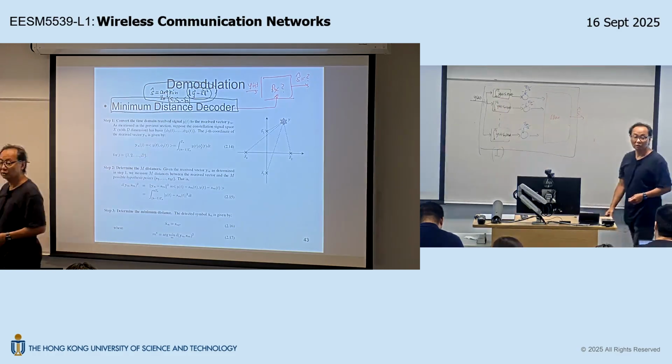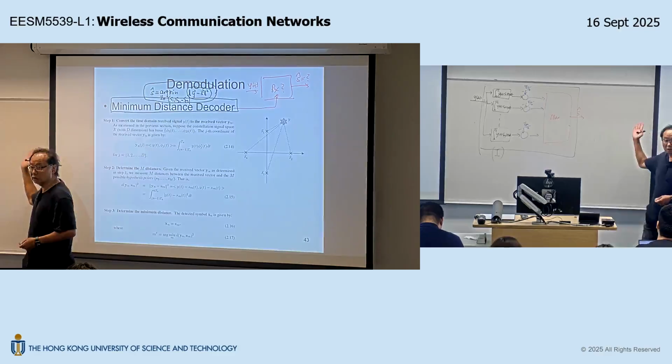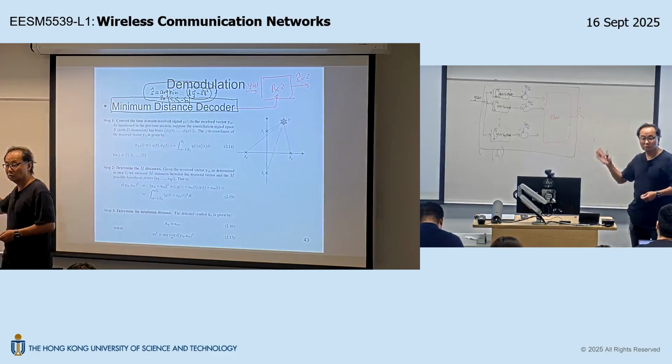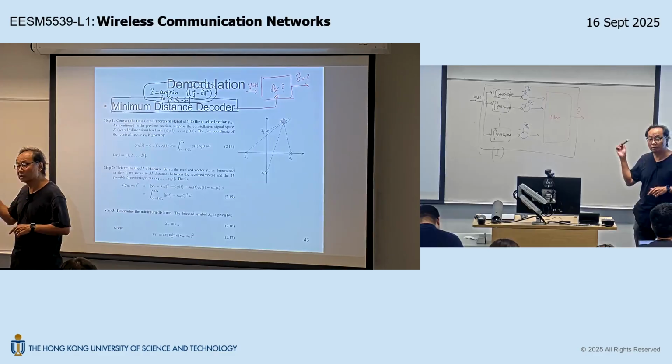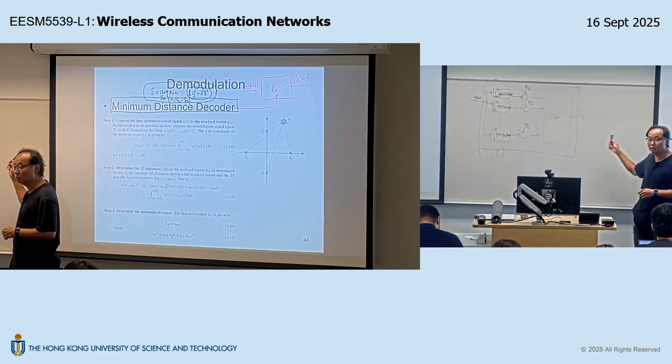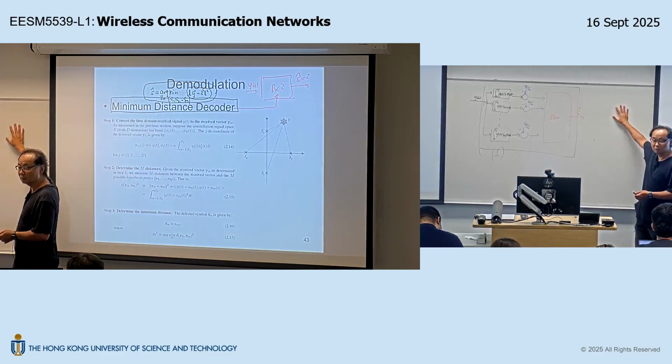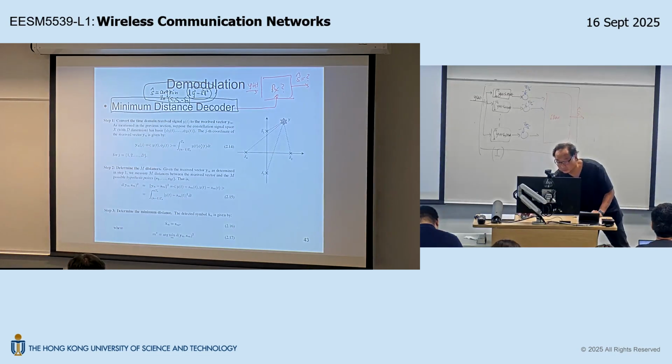Is that okay? So which receiver design, 1 or design 2, has better performance? Which one has the better performance? They have the same performance, right? Because they are just two ways to implement the same algorithm. The algorithm is this thing, okay?